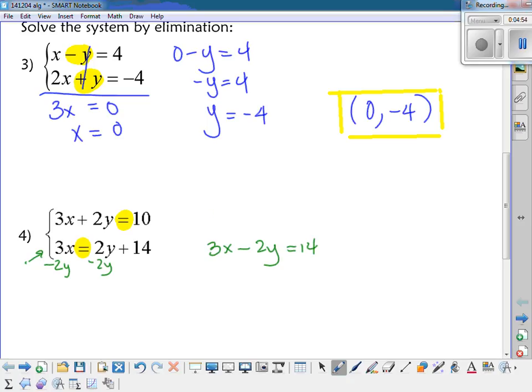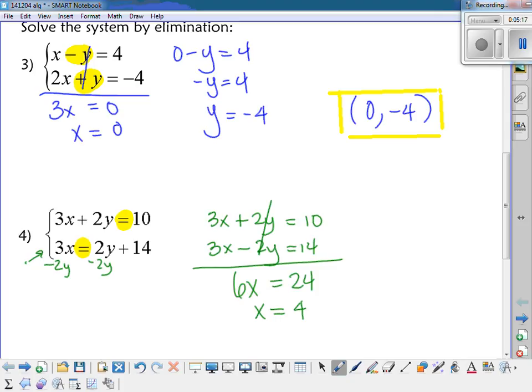And then I'll rewrite the other one. 3x plus 2y is equal to 10. Do I need to do anything else to be able to use elimination? Nope, I already have my opposites. So if I add 3x and 3x, I get 6x. The y's cancel out, and 10 plus 14 is 24. So what's x going to be? 4.